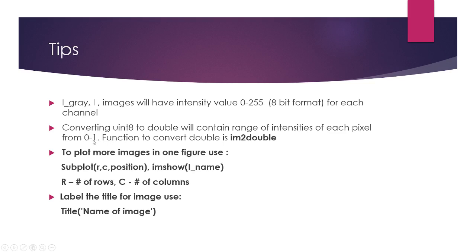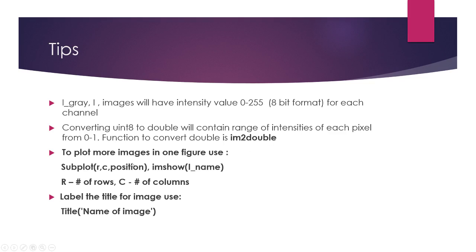So double usually gives you values in the range of 0 to 1. Make sure that you are not getting confused between when you change into double versus when it is uint8. Sometimes MATLAB throws an error and there will be compatibility issues.